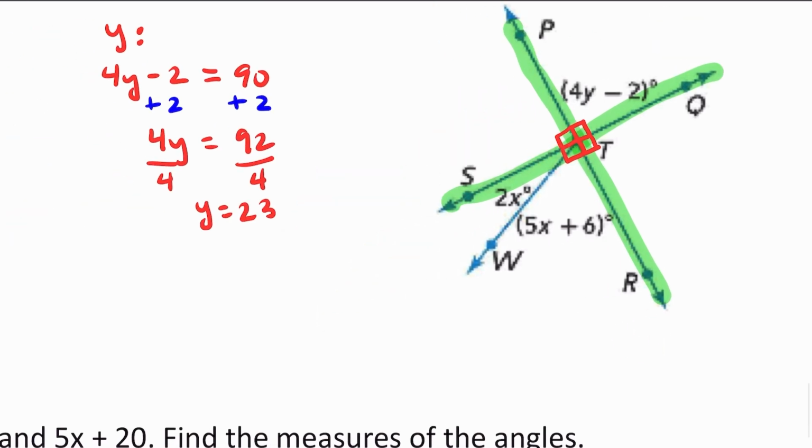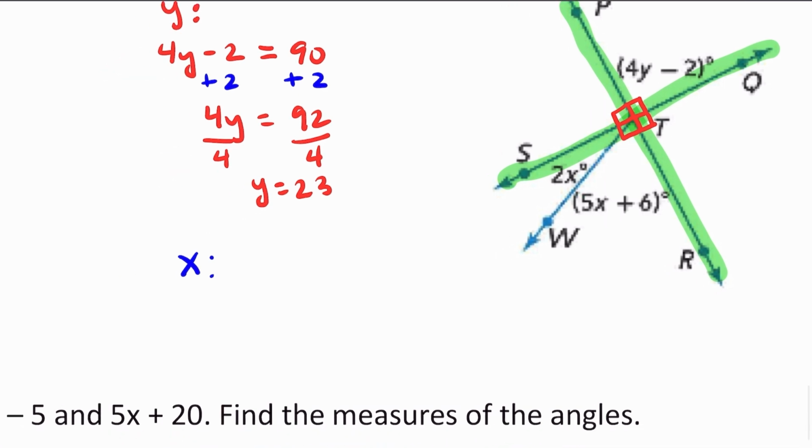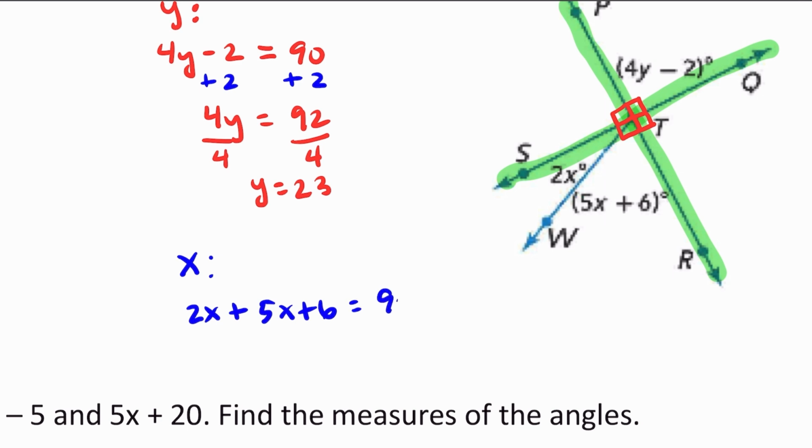So to create my equation for x, I take 2x plus 5x plus 6, and I equal that to 90 degrees. Then I'm going to combine the like terms. I have 2x plus 5x, which is 7x, plus 6 equals 90.